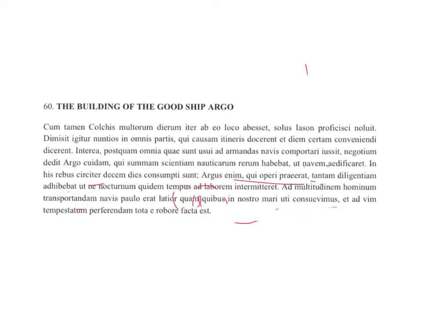So again, remember this gerundive is the passive, and agreeing with it. So here the ship was, so the ship is the first subject, navis. The ship was, Paulo, by a little, a little wider, quam quibus, than those which consuemus, we are accustomed, uti, to use in our sea, ad, literally for a multitudinem, for a crowd, hominum of people, transportandam, to be transported.